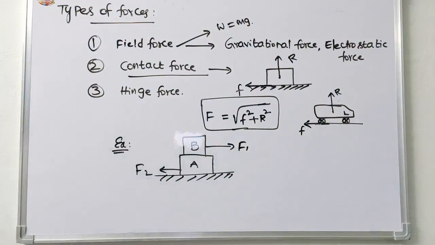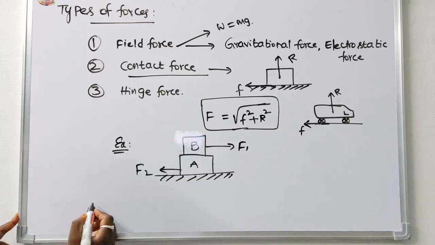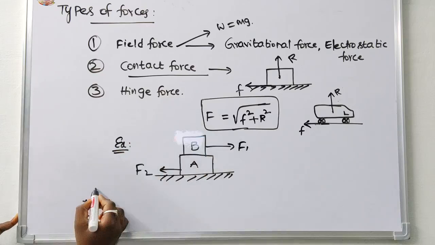Taking the two blocks individually, what types of forces are acting? First take block B. The normal force acts in the upward direction.